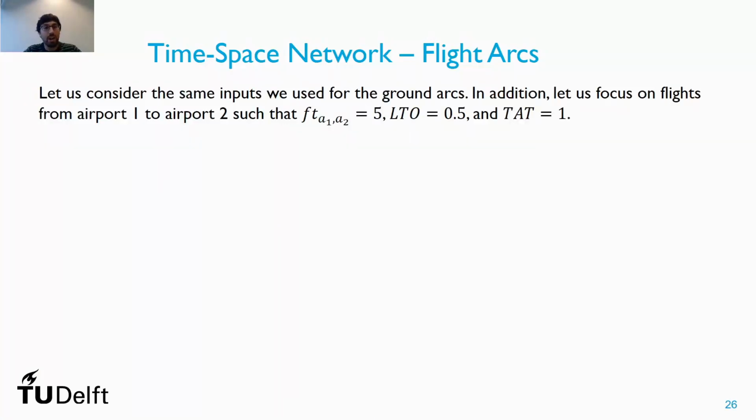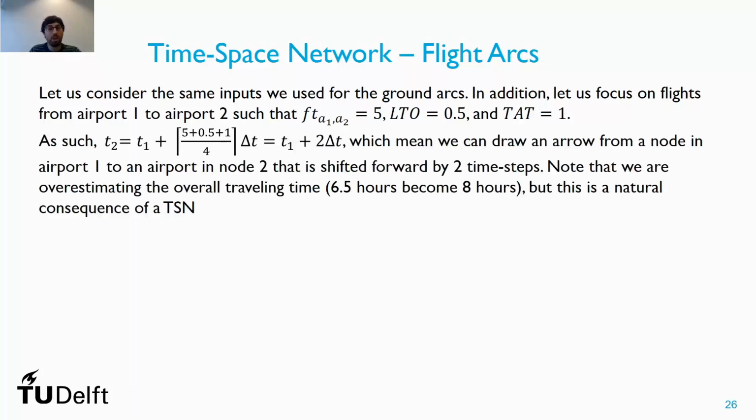Let's consider flights from airport 1 to airport 2 such that the actual flying time is 5 hours. We have an LTO time of 0.5 hours and a minimum turnaround time of 1 hour. If we use the formula and keep in mind our time step is 4 hours, our numerator would be 6.5 hours.